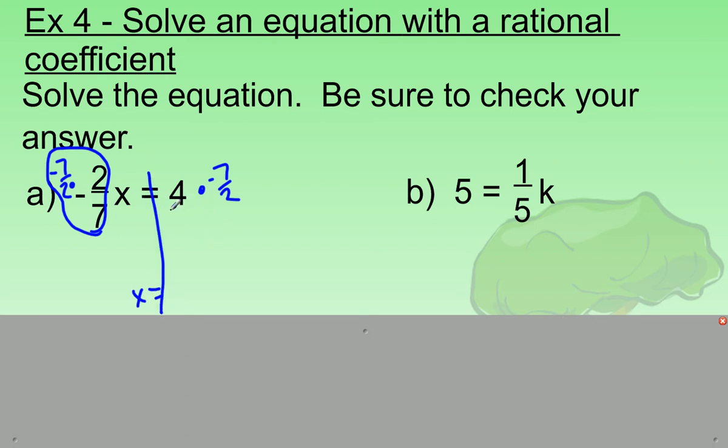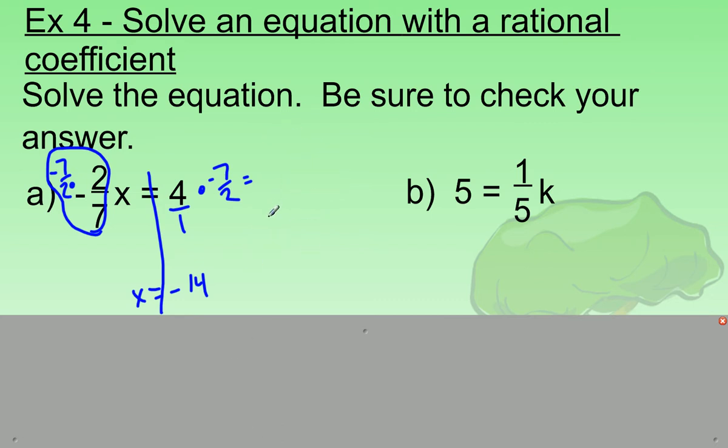On the other side, when you multiply fractions, you still multiply across the top and across the bottom. So 14 times negative 7 is negative 28. 1 times 2 is 2, which gives me an answer of negative 14. We multiplied both sides by the reciprocal of the fraction so that the fraction will cancel. It'll give us 1.